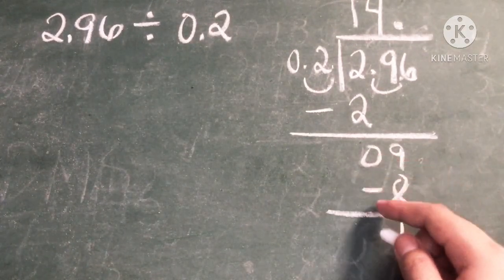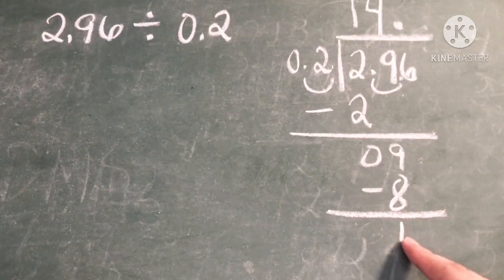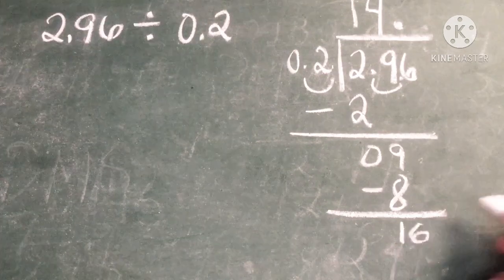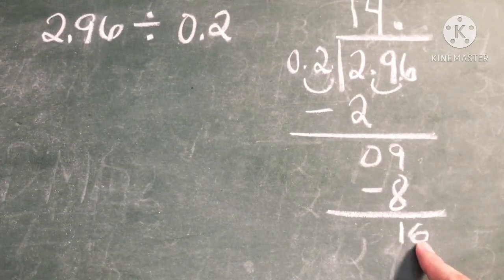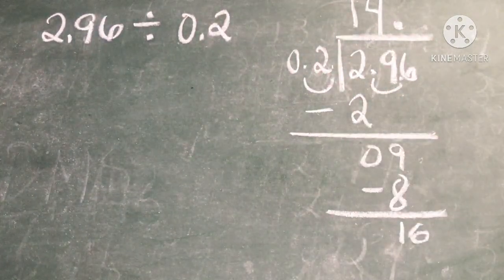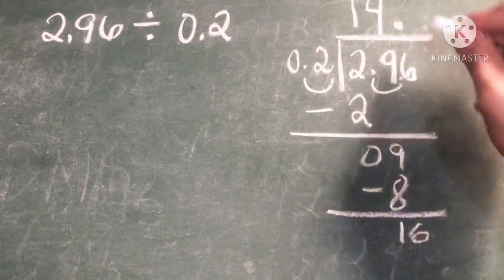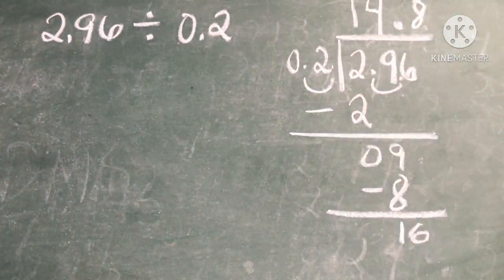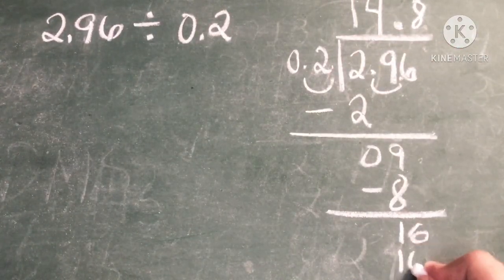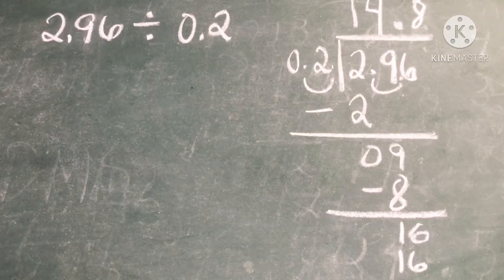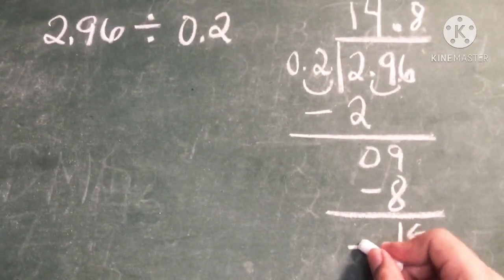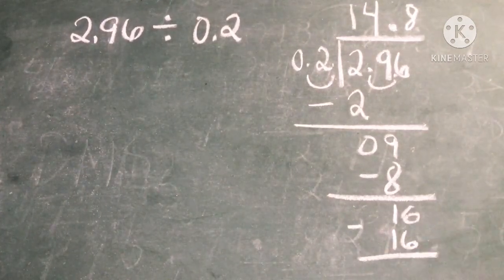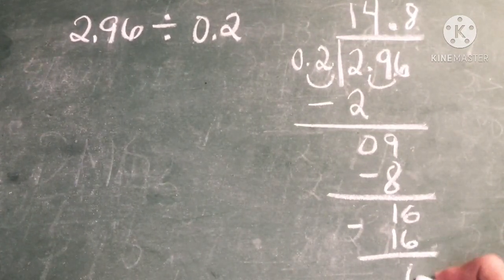So, bring down yung 0, kahit hindi na natin lagay 0 yun. Bring down 6 yung susunod na number. So, 16 divided by 2 is equal to 8. 8 times 2 is equal to 16. Then, ang susunod ay, we will subtract. 16 minus 16 is equal to 0.